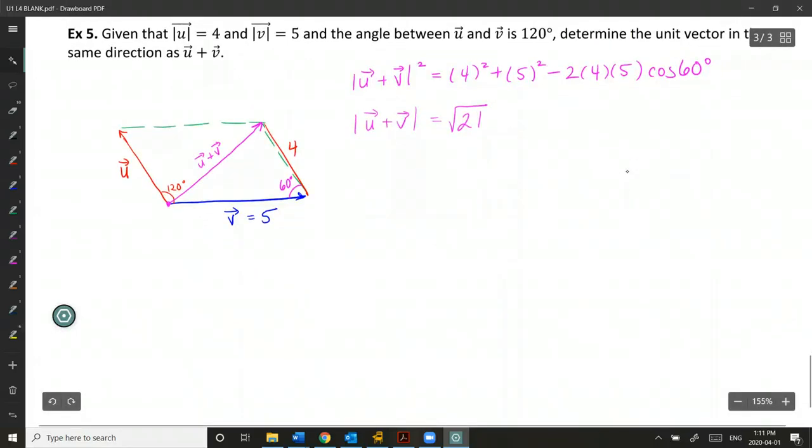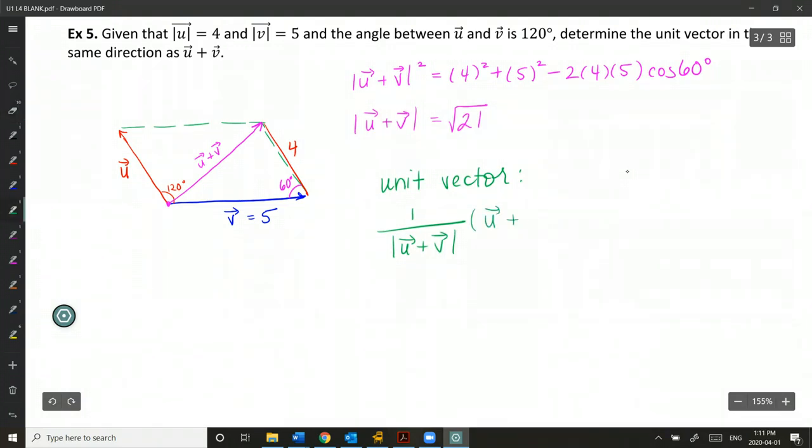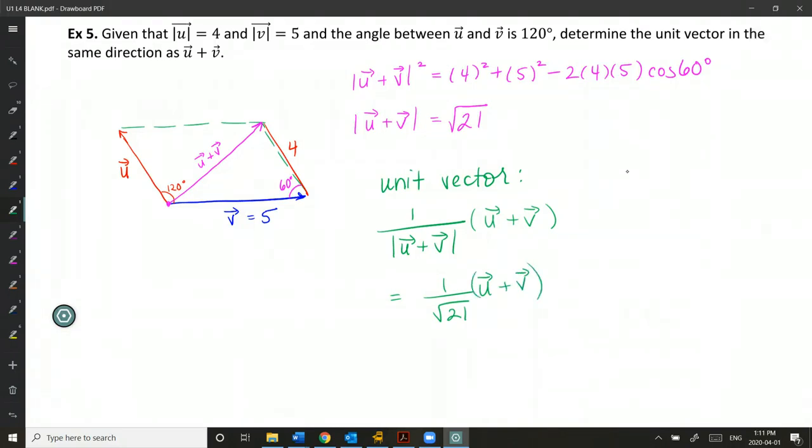So to create our unit vector, we're going to take 1 over the magnitude of u plus v and simply multiply that by vector u plus v. So we found the magnitude as root 21 above. So we can write it like this. And if we wanted to rationalize the denominator, we could also write this as root 21 over 21.